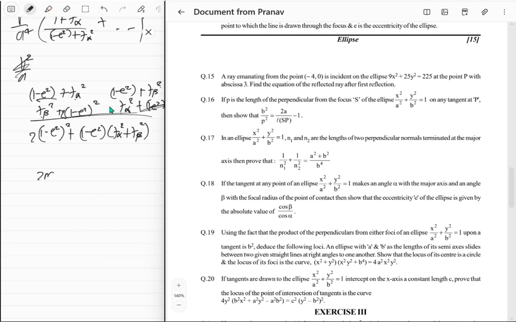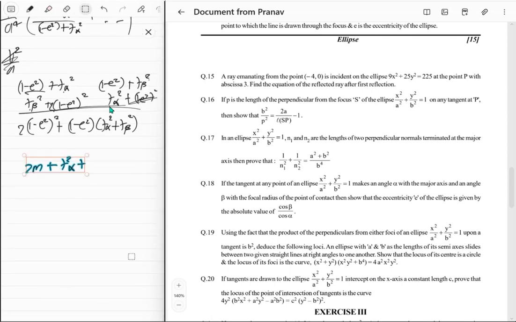It's going to be 2m plus tan square alpha plus tan square beta. Oh, I actually need 2 times of that, huh? So yeah, okay, 2m plus 2 tan square alpha plus 2 tan square beta plus 2m squared, of course. And that thing upon 2m square plus m times of tan square alpha plus tan square beta. You can just take an m out, I guess.